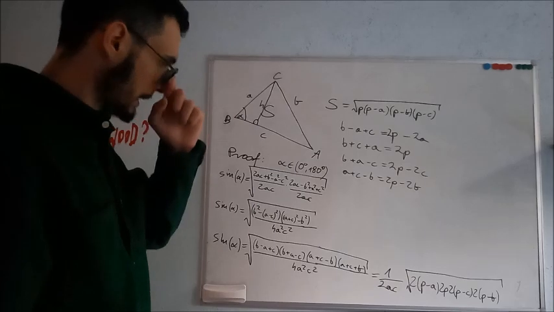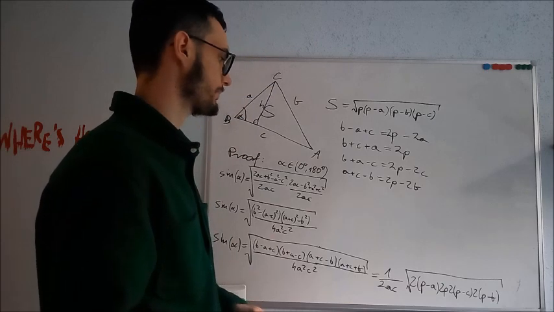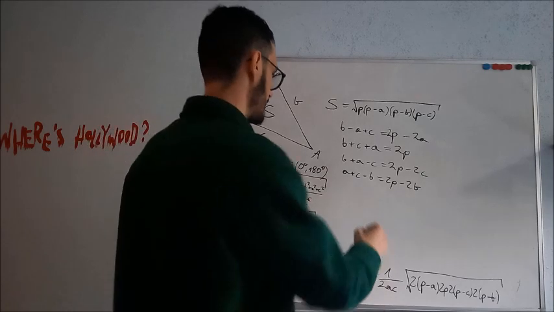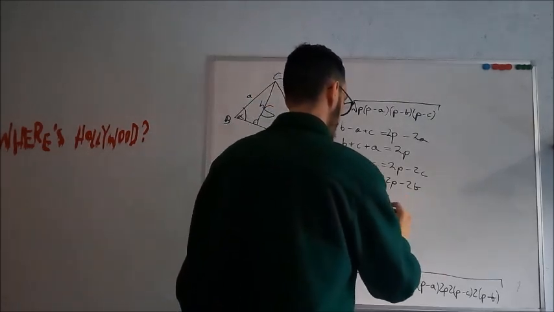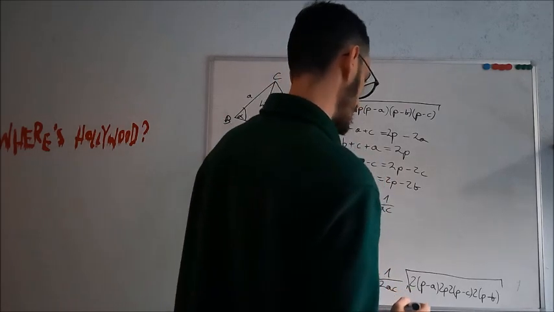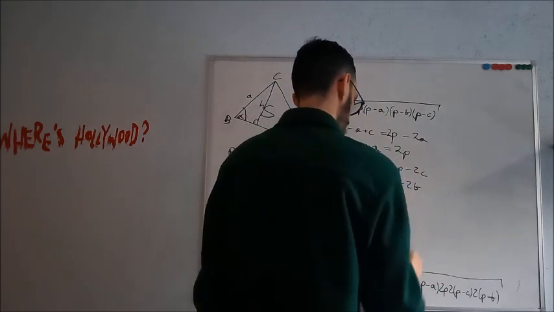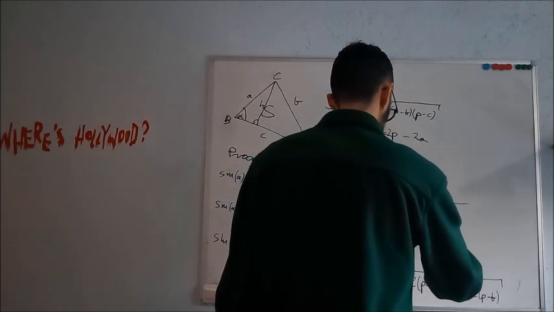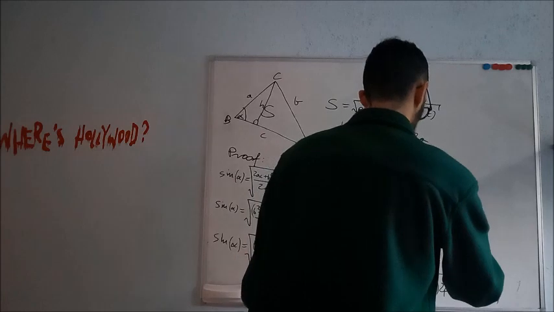Okay, and under this square root we've got 2 to the power 4, so outside the square root we've got 4. So sine alpha is basically 1 over ac times 2 times the square root of p times (p minus a) times (p minus b) times (p minus c).